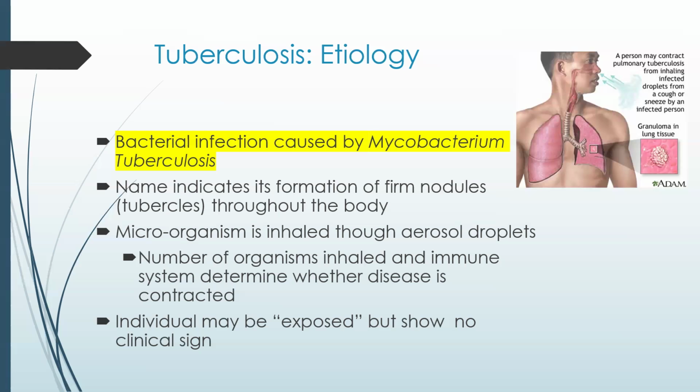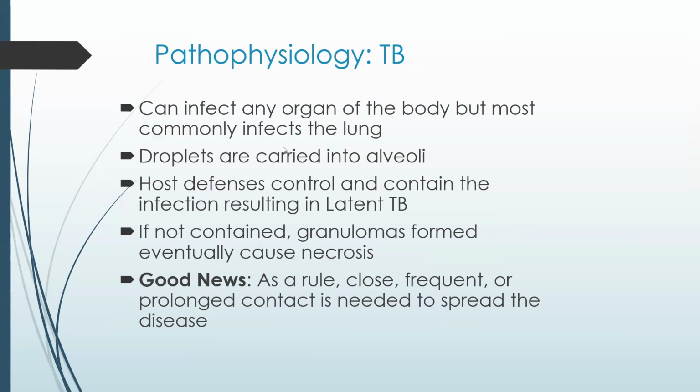So the number of organisms inhaled and then the immune system determine whether or not the person contracts TB. Individuals may be exposed but show no clinical signs. For the pathophysiology, it can infect any organ, but most commonly the lungs. Droplets are carried into the alveoli, and defenses control and contain the infection, resulting in latent tuberculosis.